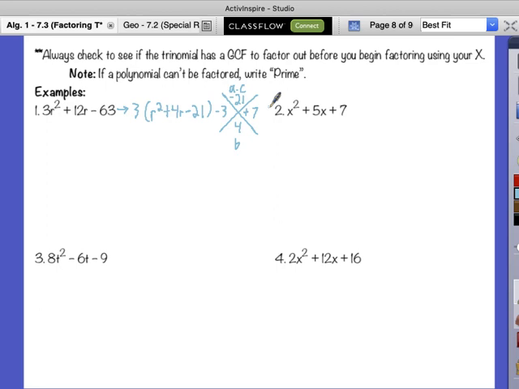Got him. So now we can rewrite this. What we're going to do, guys, is keep this 3 out in front the whole time. And we're going to have this r squared minus 3r plus 7r minus 91.